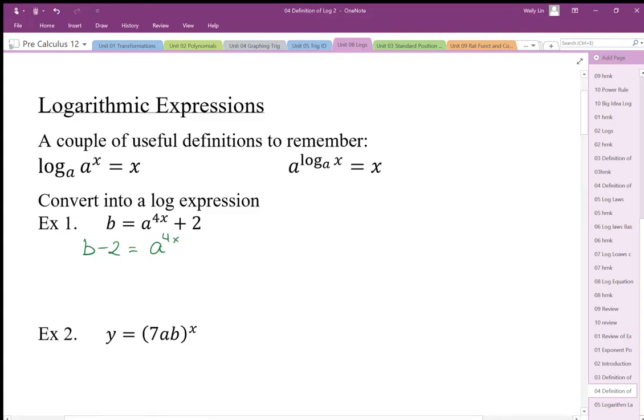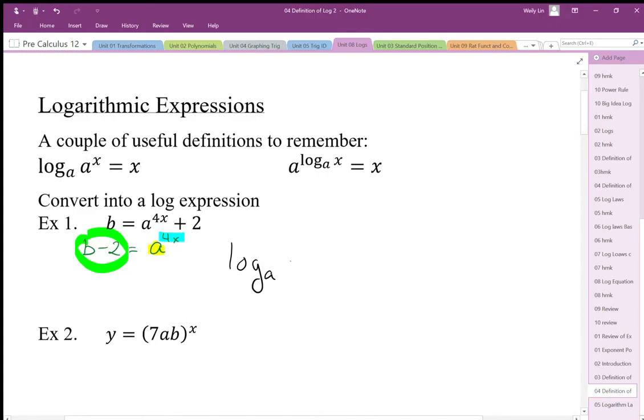Since we have our three parts, our base, our exponent, and our argument, we can put that into log form. We're going to put it into log base a.